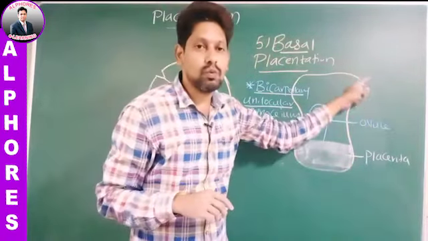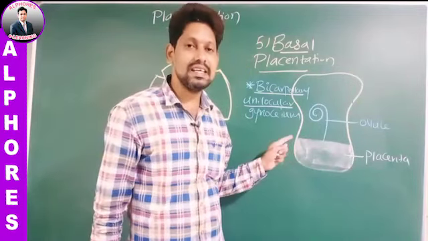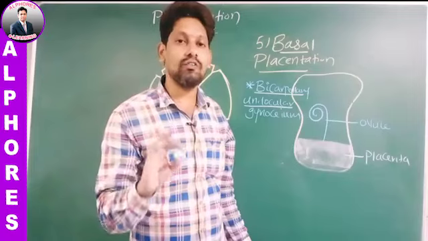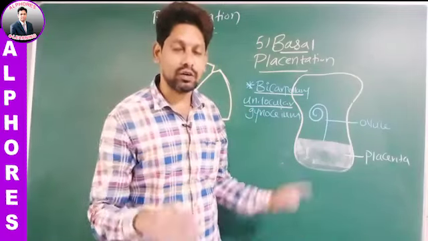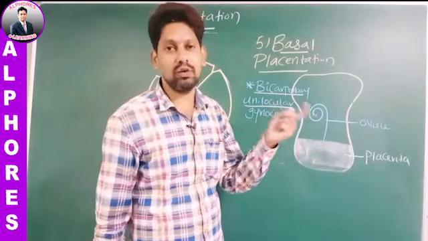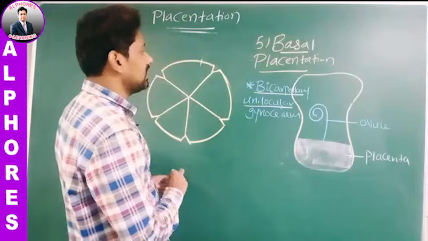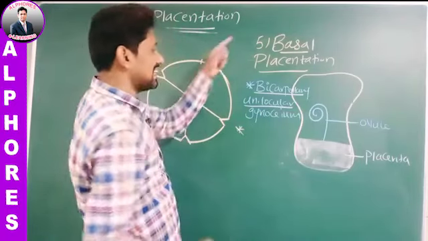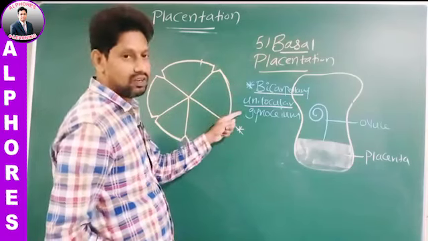It means this ovary has one ovule, so this ovary is called a uniovulate ovary, because it has one ovule. Therefore, basal placentation is present in a bicarpellary unilocular gynoecium.